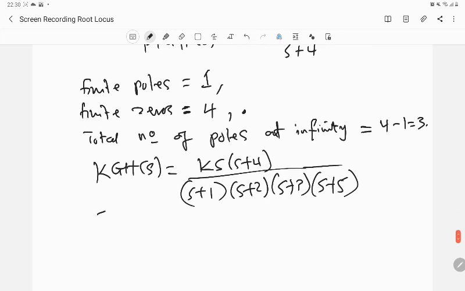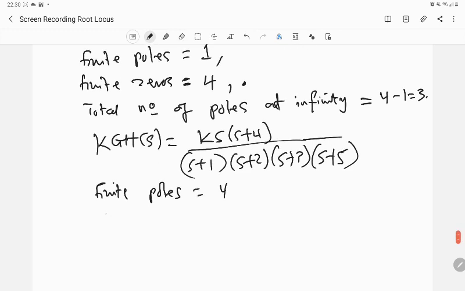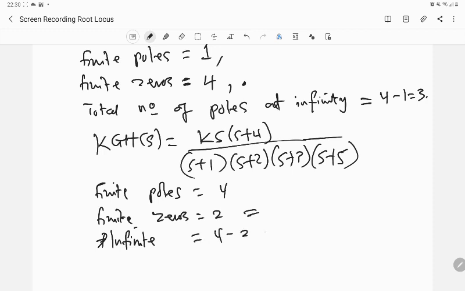Then here you see that your finite poles equals 4, and finite zeros equals 2, which implies the poles at infinity will be equal to 4 minus 2, which is 2.